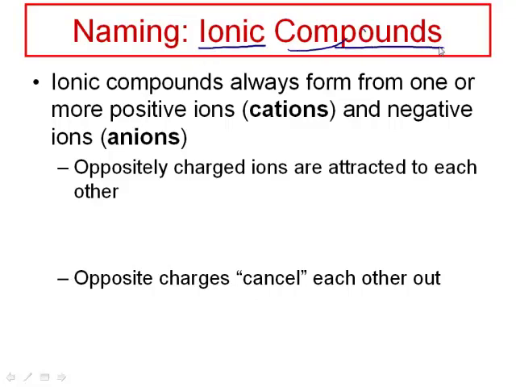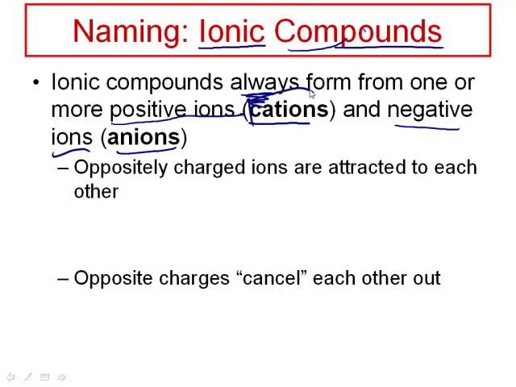Ionic compounds always, all the time, form from one or more positive ions. These are called cations. We'll talk about why they're called cations towards the end of the year. They're made from one or more positive ions and one or more negative ions, which are called anions.